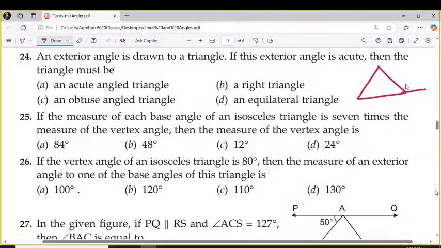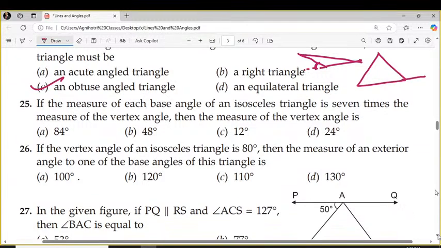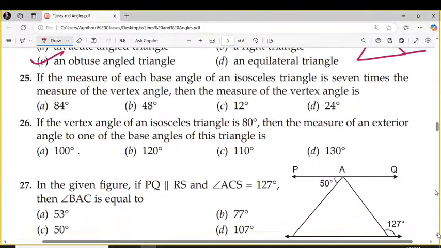If this exterior angle is acute, then the triangle must be obtuse. Yeah, yes, sir. Come to 25th.